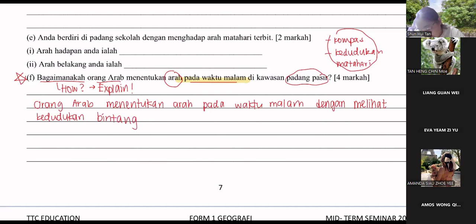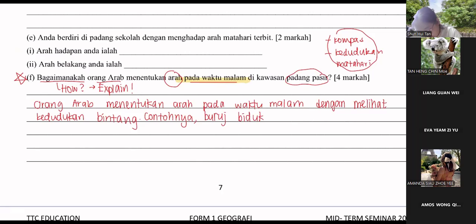Okay. So example, what they use. You can say contohnya, okay, they use the Polaris. Polaris called Buruj Biduk.